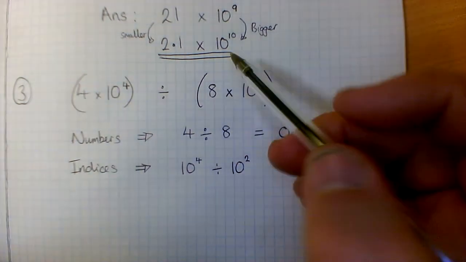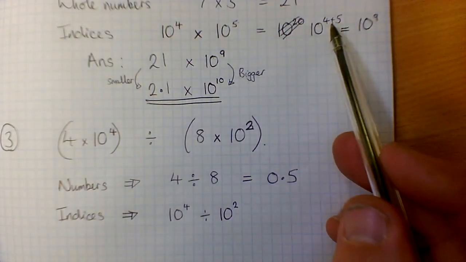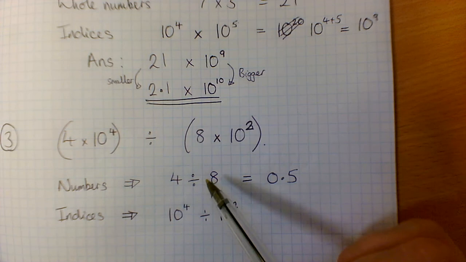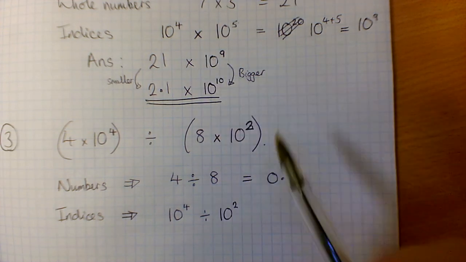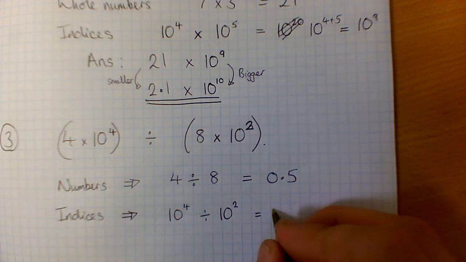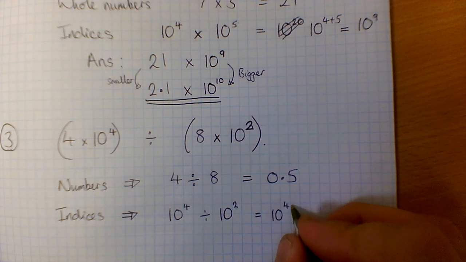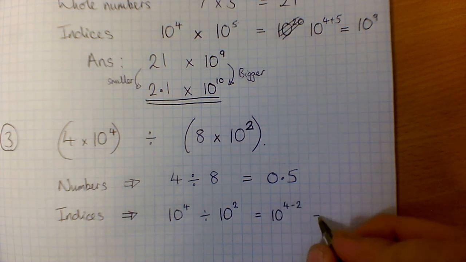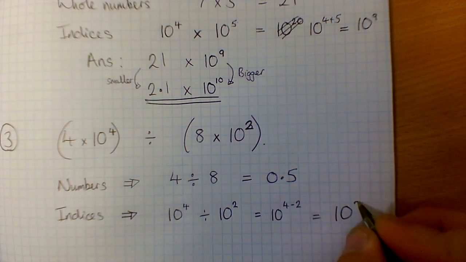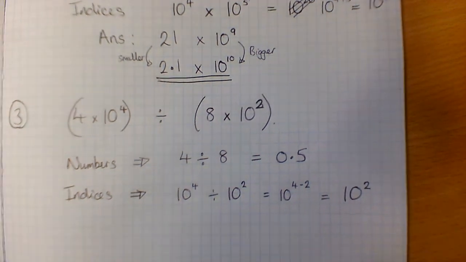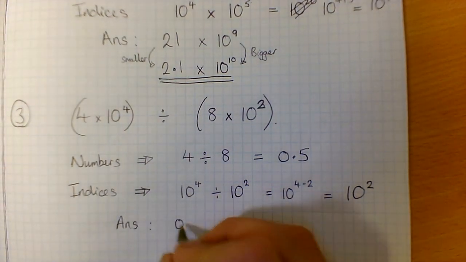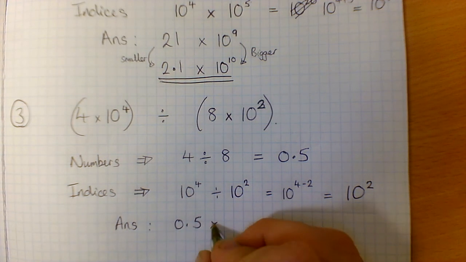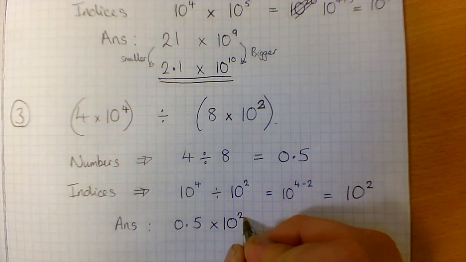Now, when we multiplied, we added our powers. Division is the inverse of multiplication, so instead of adding, we take away. So we have 10 to the power 4 minus 2, which gives us 10 to the power 2, or 10 squared. So our answer is 0.5 times 10 to the power 2.